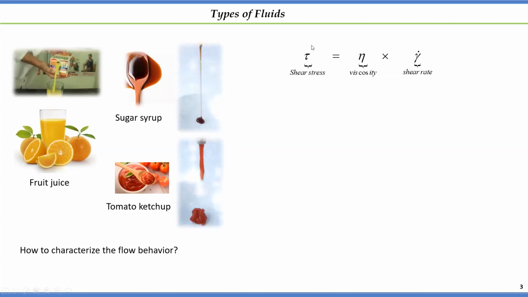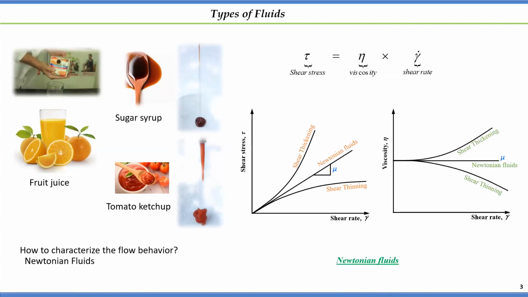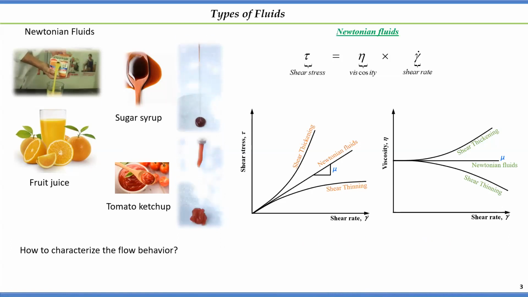And the ratio of this shear stress to shear rate will give us the viscosity. And what is viscosity? Viscosity is nothing but the resistance to flow. When we plot shear stress and shear rate, if the relation between them is linear, a direct proportion, then such kind of fluids are called Newtonian fluids.